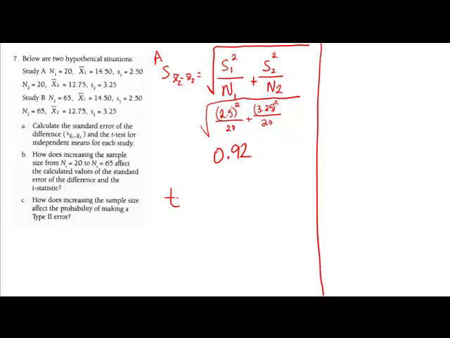Okay, we got to do t. T is equal to x1 minus x2 divided by 0.92. x1 is 14.50 minus x2 is 12.75 equals 1.75 divided by my standard error of the difference, which was 0.92.